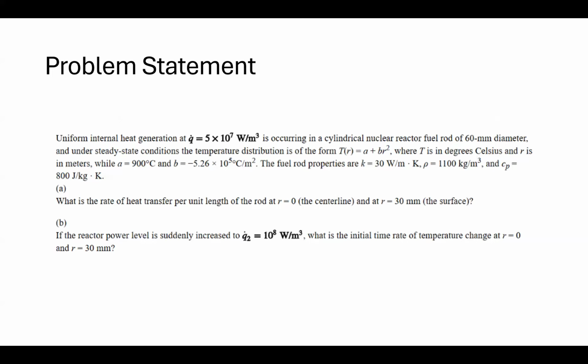So for part A, we're trying to find the rate of heat transfer per unit length of the rod at the center line and at the surface. And then for part B, we're going to increase the power level of the reactor suddenly to 10 to the 8th watts per cubic meter. And we're going to find the initial time rate of temperature change at both the center line and the surface.